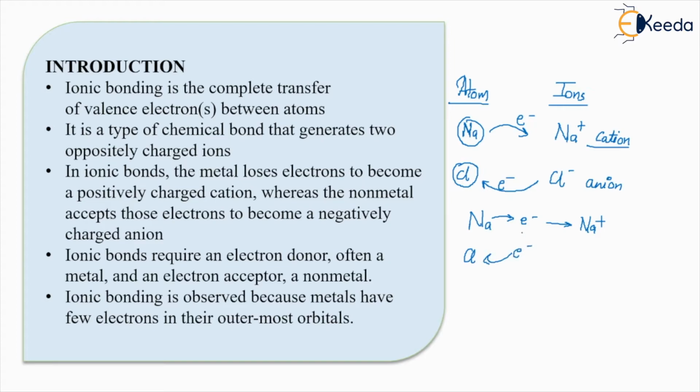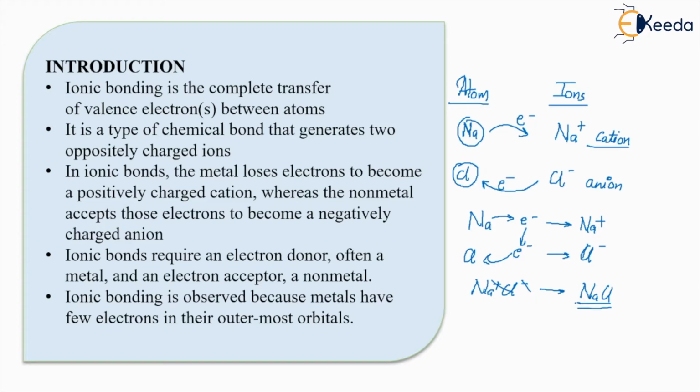Which electron will Cl accept? This particular electron which Na is giving away, to form Cl minus. So Na plus Cl minus, this plus and minus cancel off, giving me NaCl, which is nothing but my common salt, the salt which we use in our food.